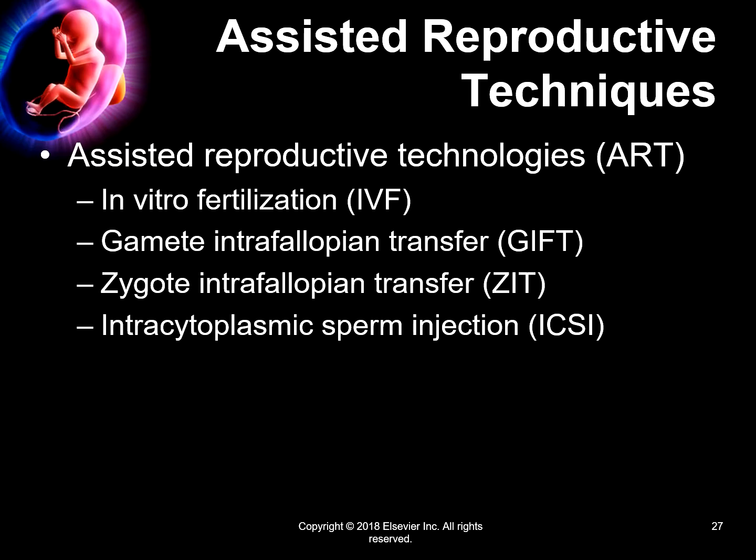The ova are examined for successful fertilization approximately 18 hours later, and then either returned to the uterus or cultured for 48 to 96 more hours, allowing 5 days of cell division.